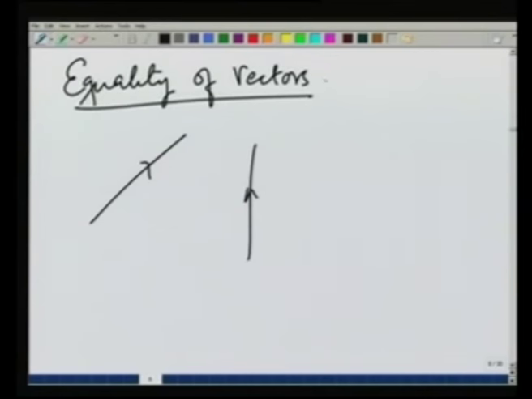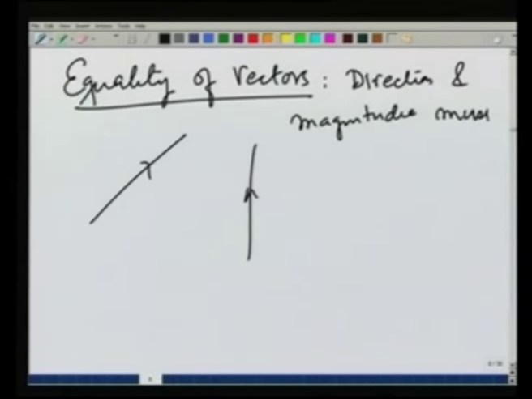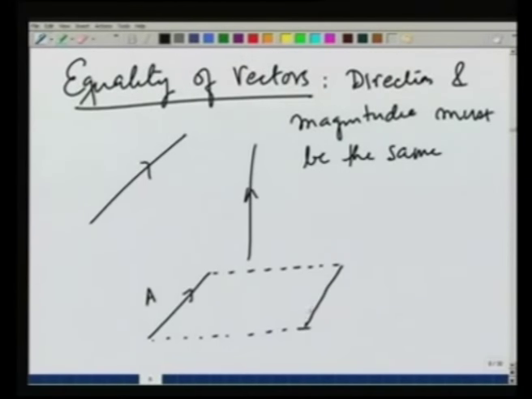So, their direction and magnitude must be the same. Graphically, that means that if there is a vector A, another vector which is parallel to it and has the same magnitude, B is equal to A. So, I can have a vector parallelly shifted compared to A, but still it can be equal to A.